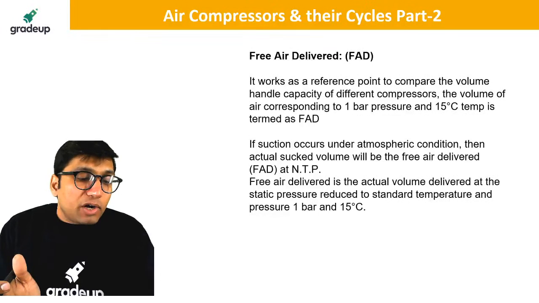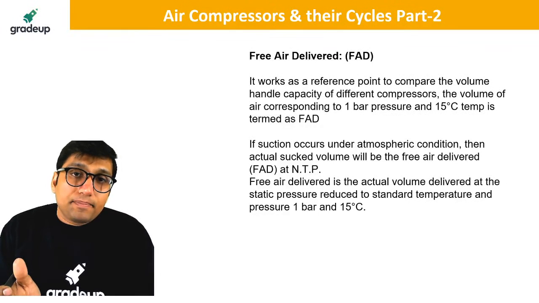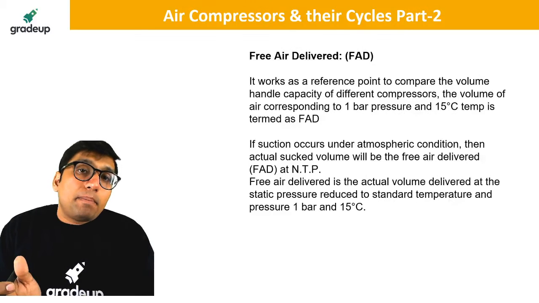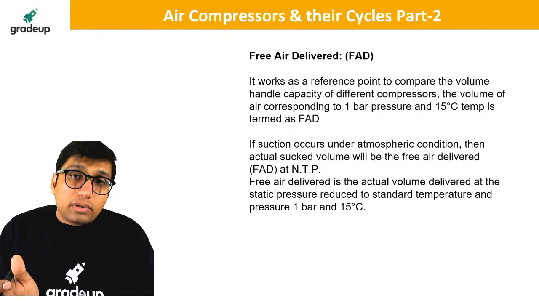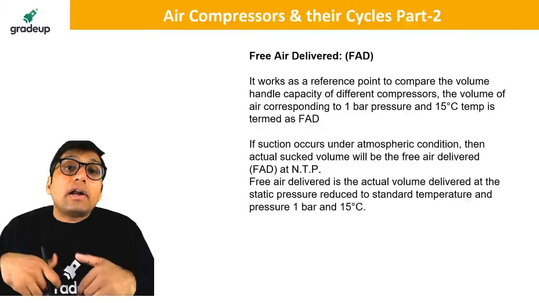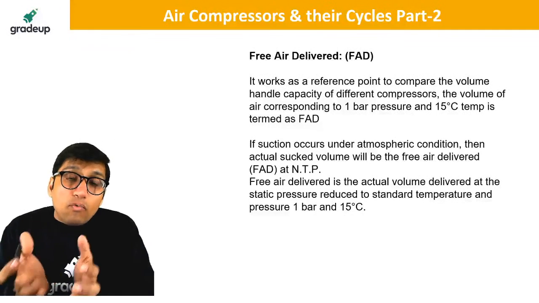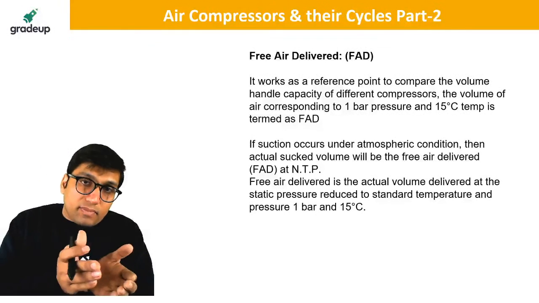If you go to the market to purchase different types of compressor, there are two ways in which you can purchase the compressor. One is you can ask what is the power input that the compressor will use for compression, and another thing is what is the amount of free air delivery. Free air delivery means the amount of air which will be delivered by the compressor with respect to inlet condition.